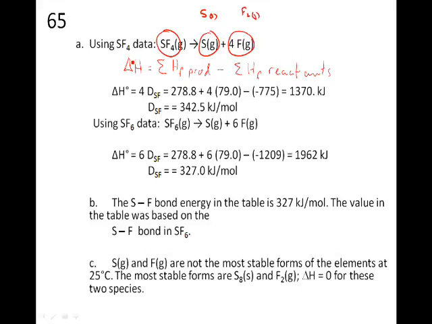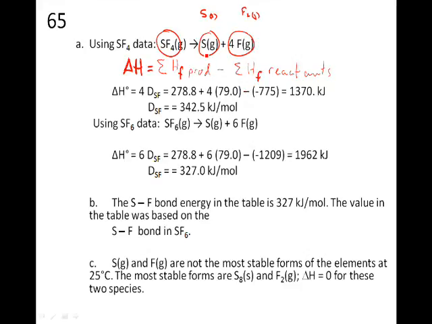And then you remember that you can find the change in enthalpy of a reaction by summing the enthalpies of formation of the products, and then subtracting the enthalpies of formation of the reactants.